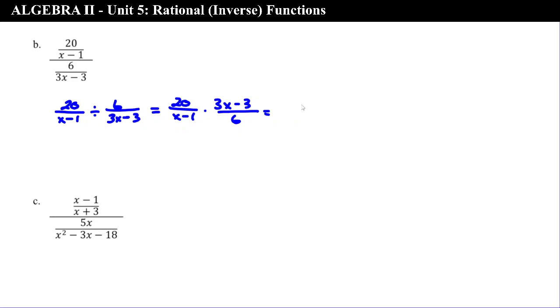Well, we can factor the 3x minus 3. We factor a 3 out, and it gives you an x minus 1. In the bottom, we have x minus 1 times 6. And our x minus 1s cancel. So that leaves us with 20 times 3, which is 60, over 6, which is just 10.